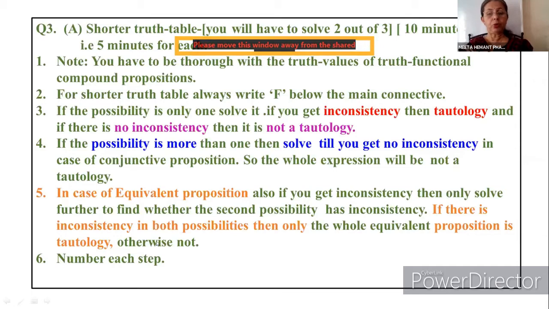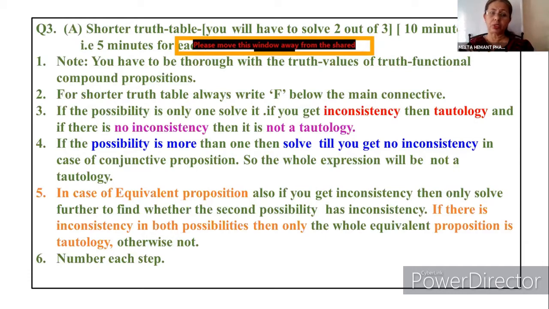Then you will also have to note one thing, that if you get no inconsistency in the very first step, then no need of solving further steps. This is applicable to all where you have no inconsistency in the first step. Okay, so note this down. Then you have to number each step.